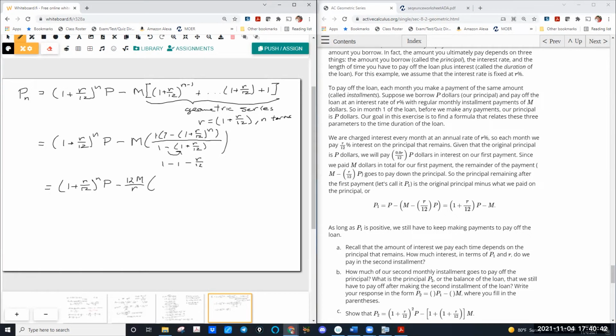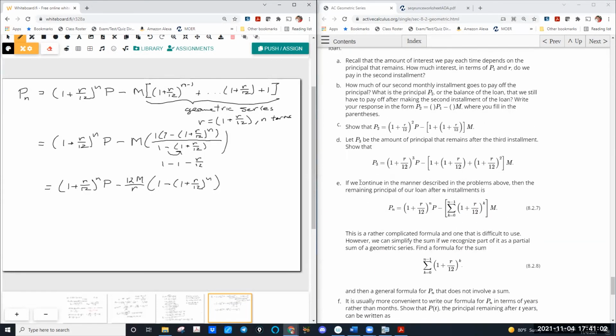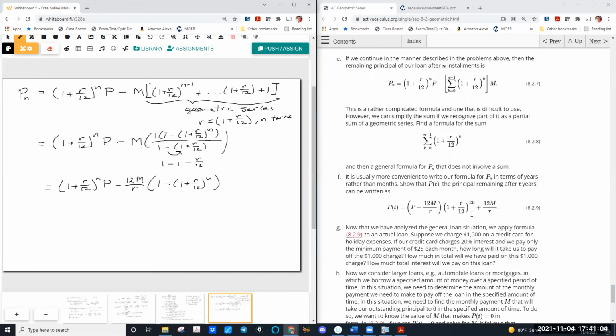Because this is just 1, I'm not going to rewrite it. So 1 minus 1 plus r over 12 to the n. Like I said, not the prettiest formula, but very powerful because this will give us the principal after n months. Okay? It's essentially the same formula.